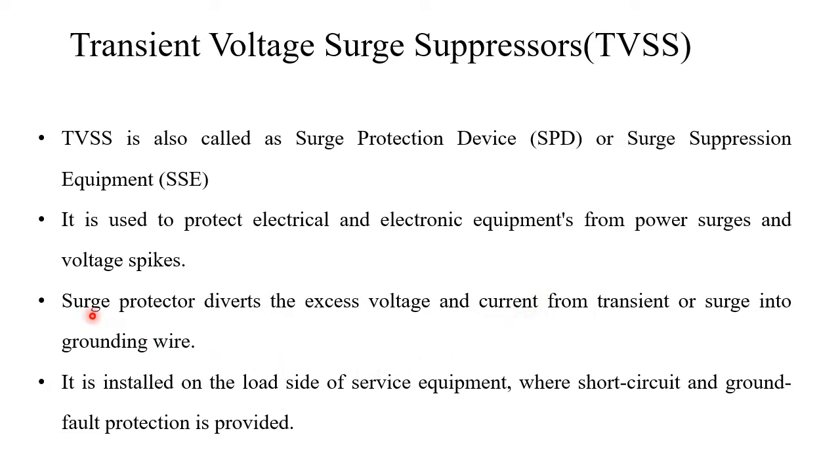The surge protector diverts this excess voltage and current from surges into the ground. It is normally installed at the load side or equipment side, where there is already some short circuit and ground fault protection.